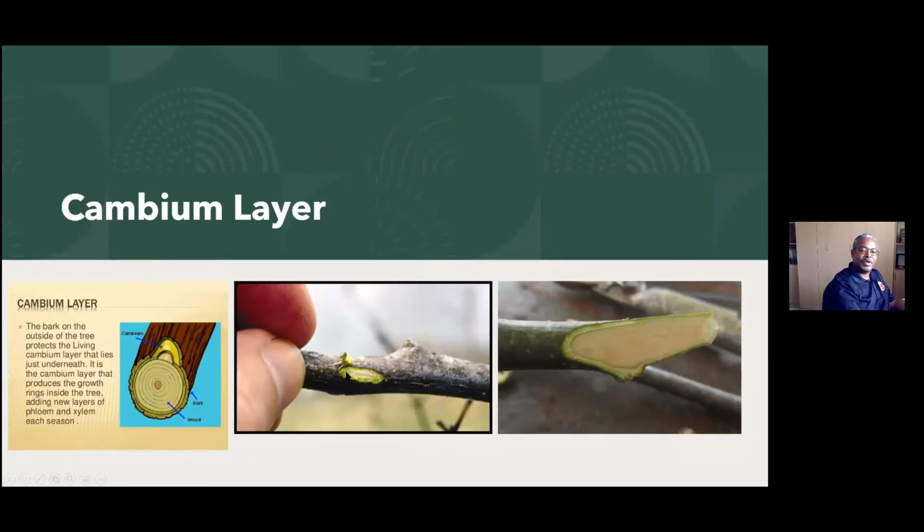The cambium houses your xylem and your phloem, which I will discuss a little bit as we go. Here is another example where you have that dark green is still part of the bark. As it goes lighter, you have the cambium, and then here you have the heartwood, and in the middle, the pith.